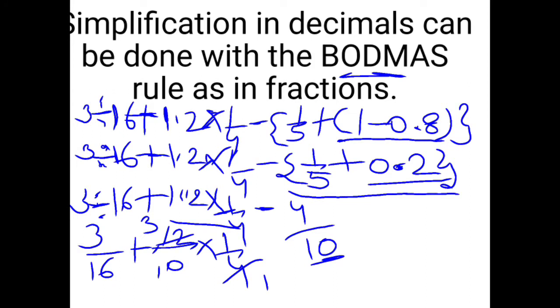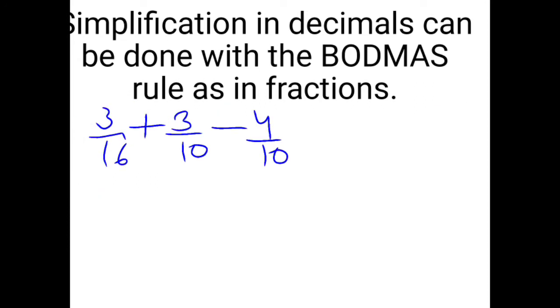So the final term we have is 3 upon 10, and on this side minus 4 upon 10. In the final, I am going to erase the page and write the new 3 terms: 3 upon 16 plus 3 upon 10 minus 4 upon 10. So just wait.